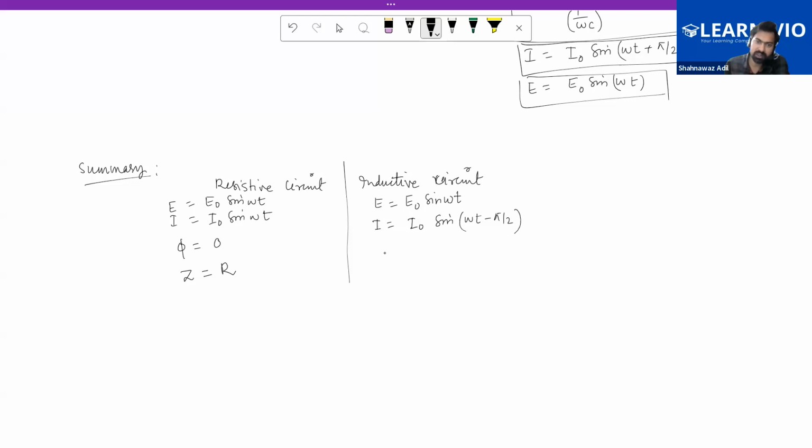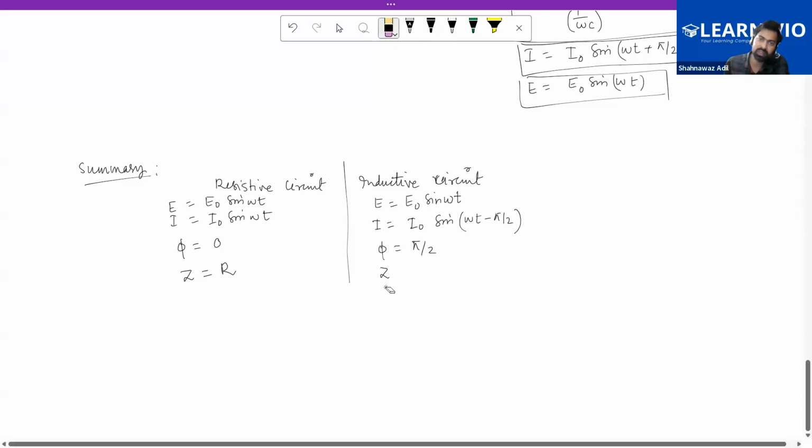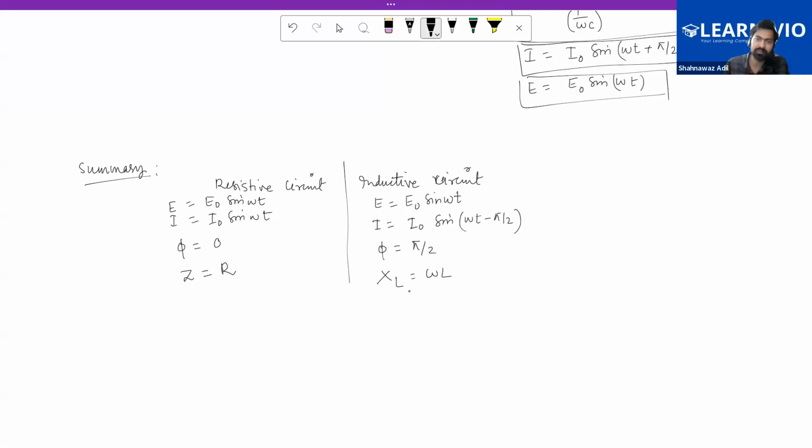So the phase difference is pi by 2, and we have the inductive reactance, represented as XL, which is omega L.